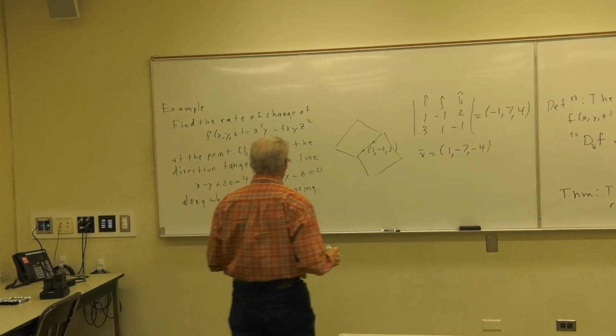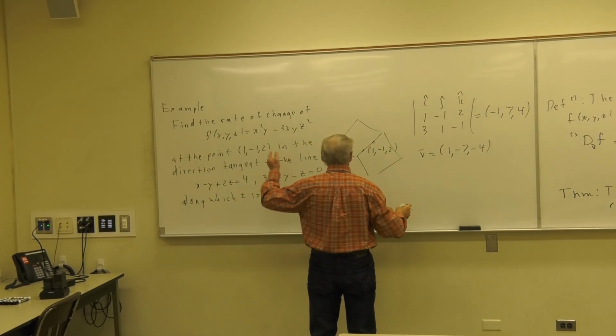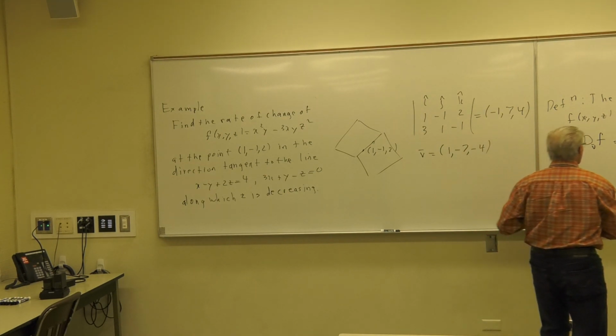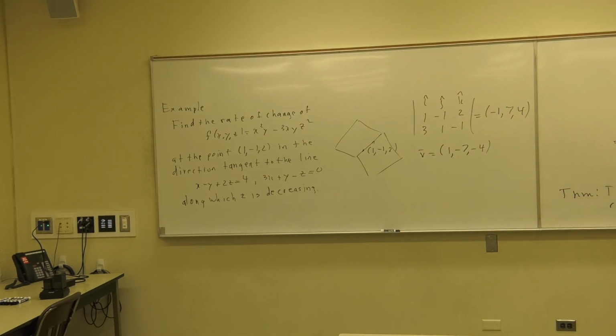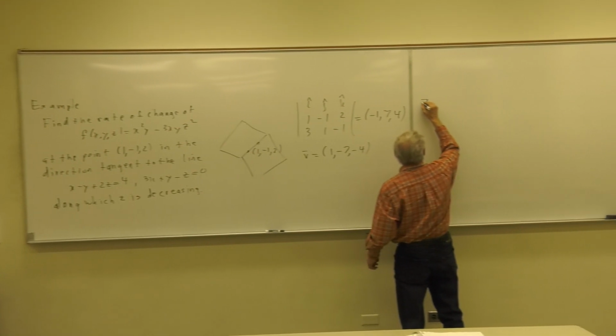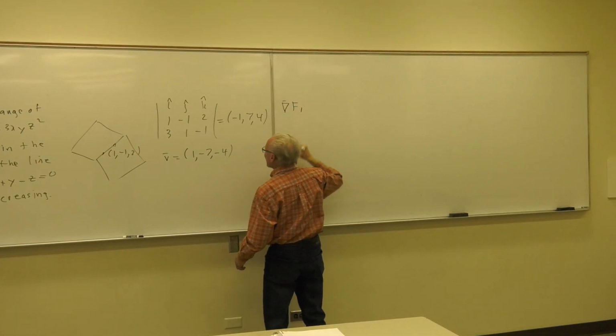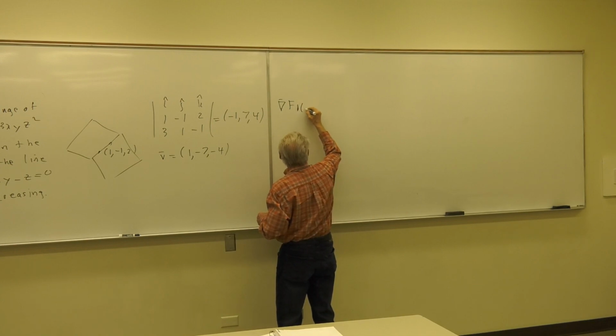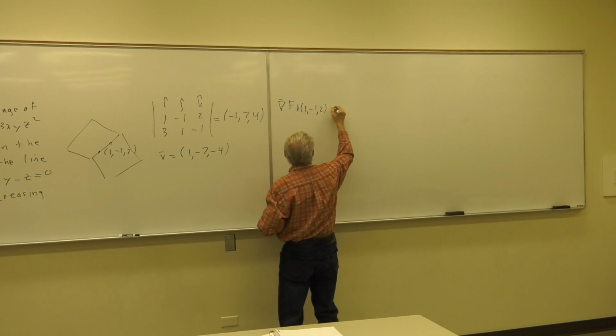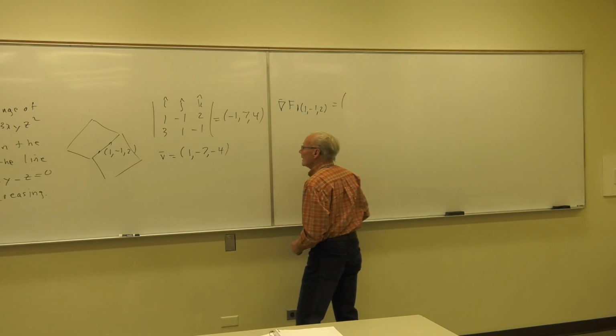So now we've got the pieces. We've got the vector, we've got the function. Here's our formula for calculating directional derivatives. So let's get the gradient, and then we'll substitute. Grad f, and we want it at the point (1, -1, 2).